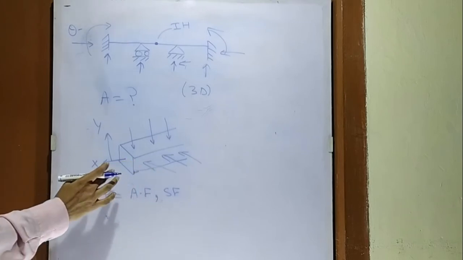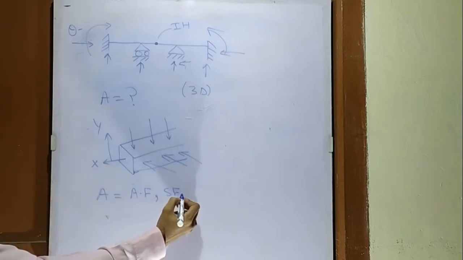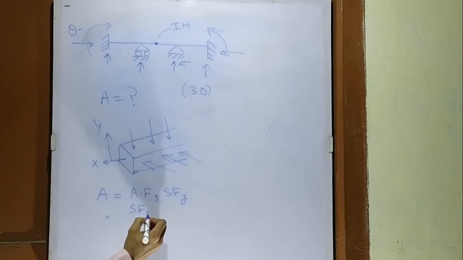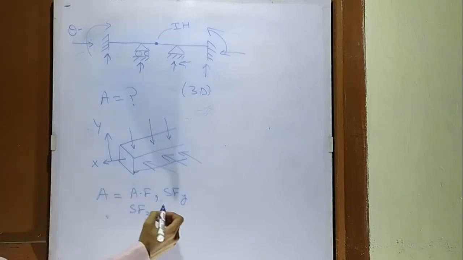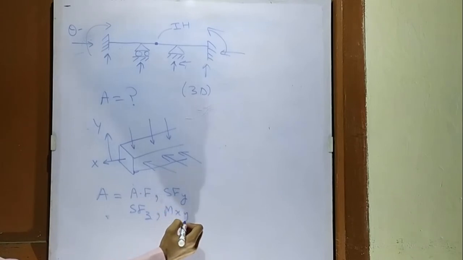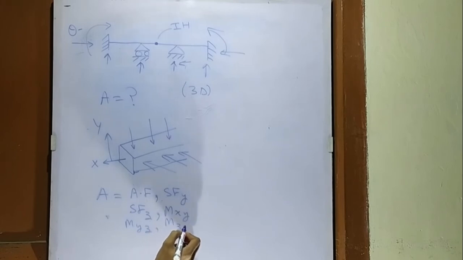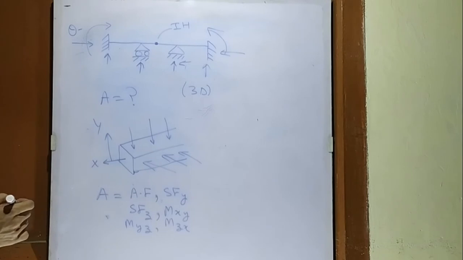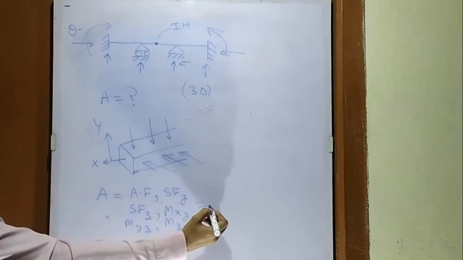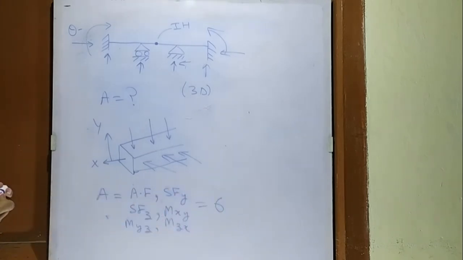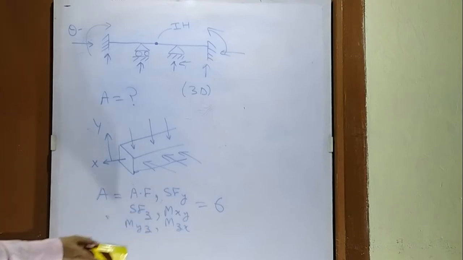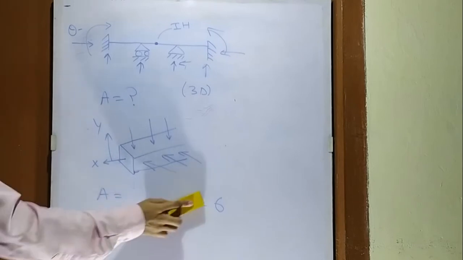So the shear forces will be SFY and SFZ. And there will be three moments available, which we can easily write as MXY, MYZ and MZX. So in this way the value of A will be 6. Like this we can easily find the number of actions available in a 3D beam.